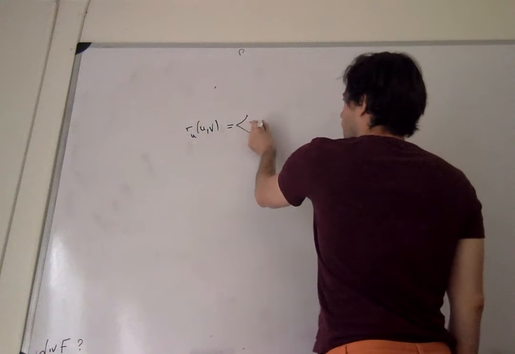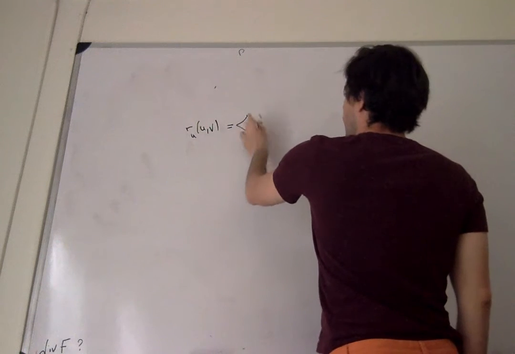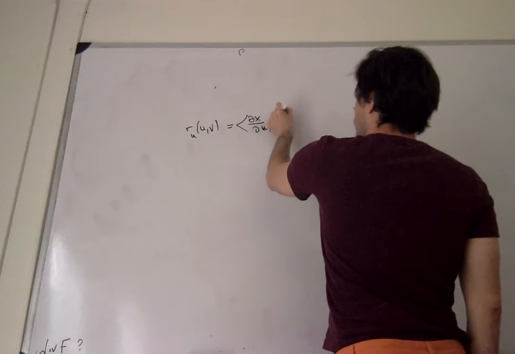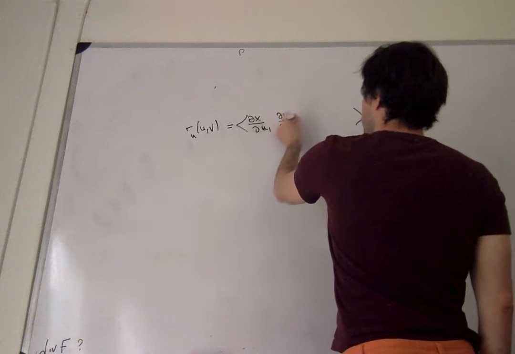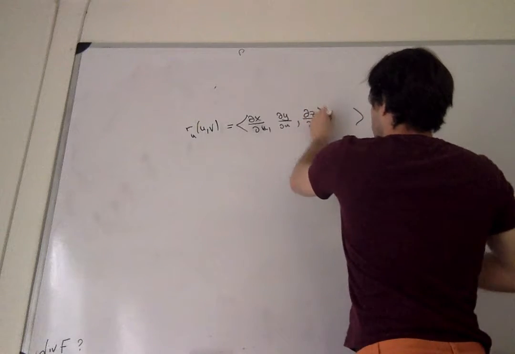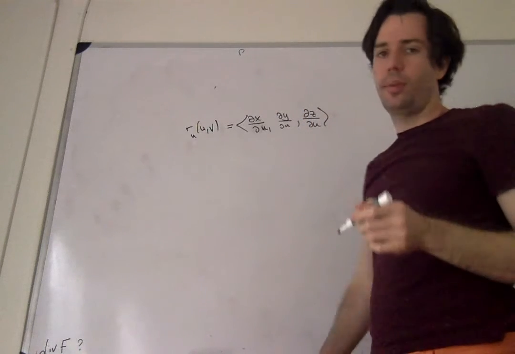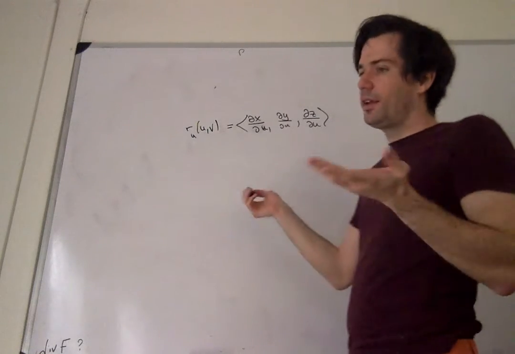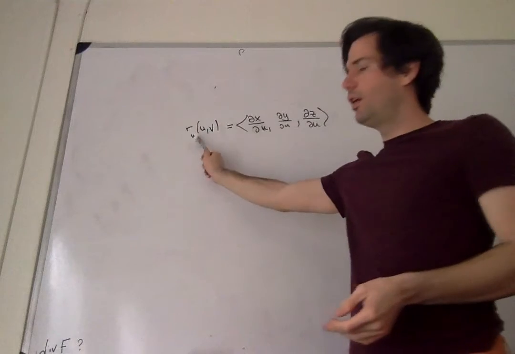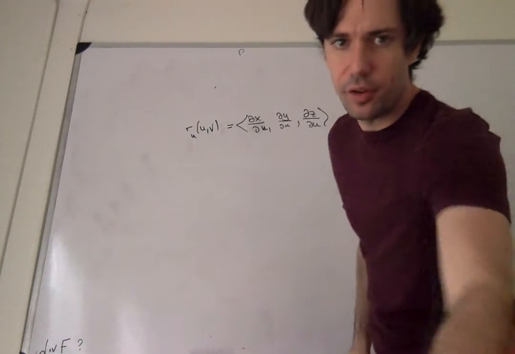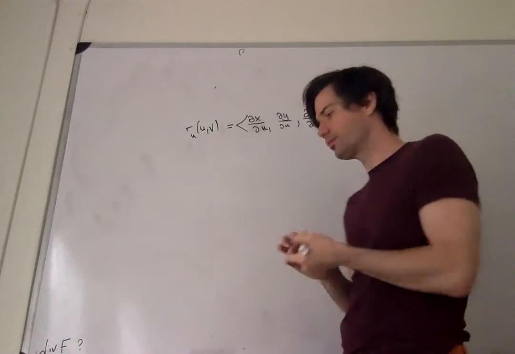So this would be x with respect to u, y with respect to u, and z with respect to u. Okay, and similarly, I could do it with respect to v. So the question is, what does this have to do with a tangent plane?